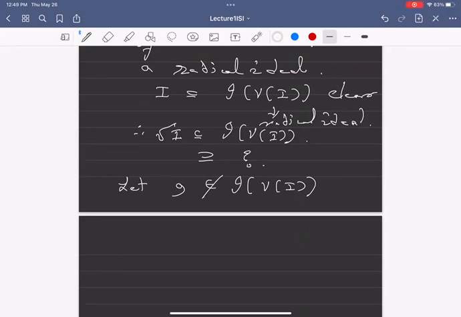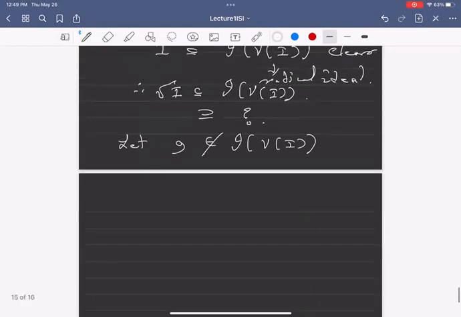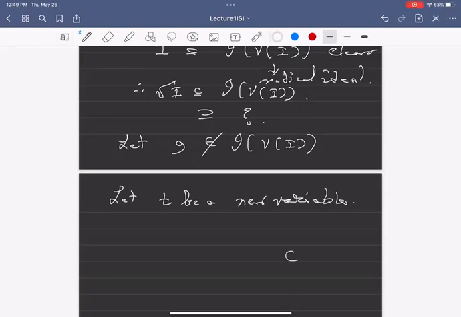So this is a slightly non-trivial proof. This is the non-trivial step. Let T be a new variable. Our original ring was the polynomial ring in n variables. Now we go to the polynomial ring with one more variable, so I have a polynomial ring in n plus 1 variables.